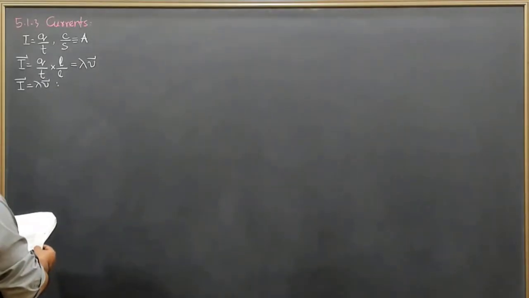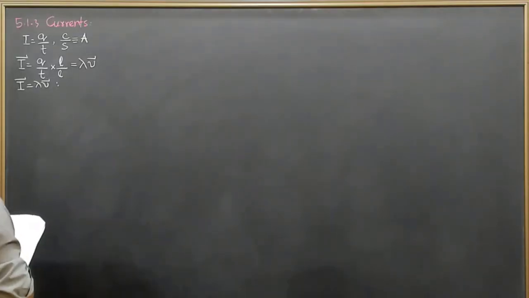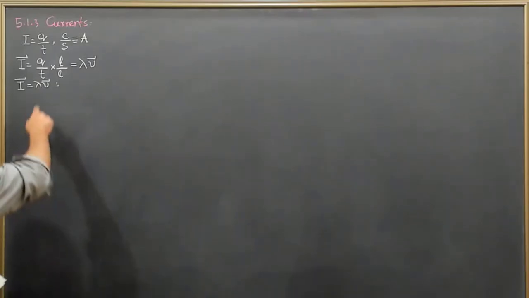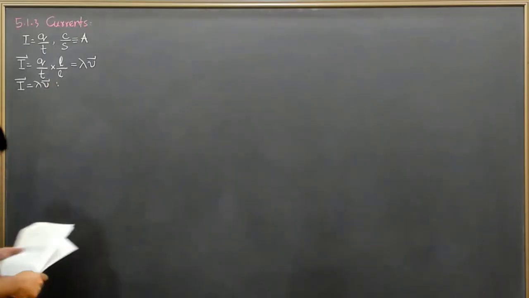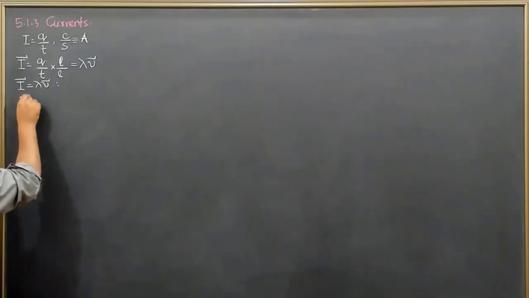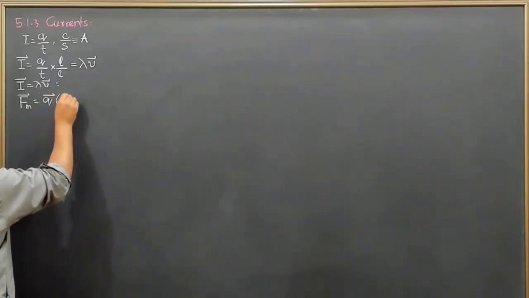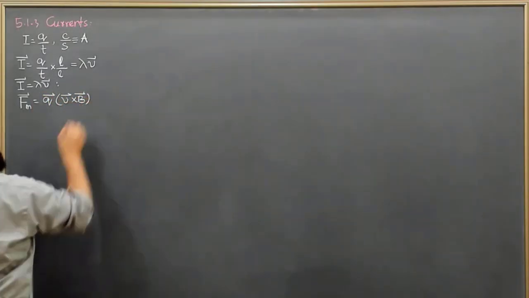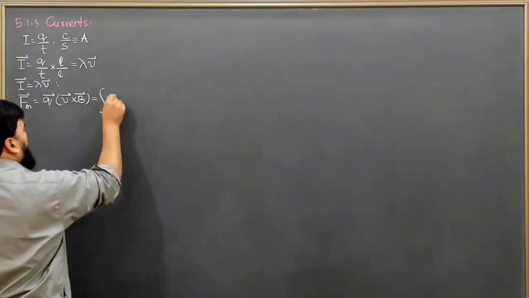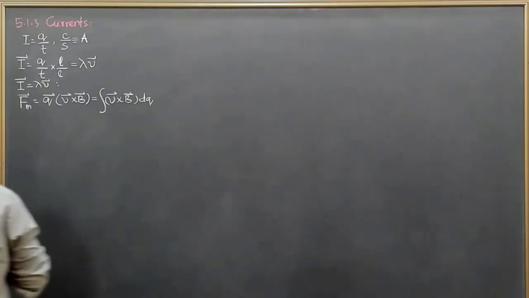So I can be lambda times V, or we can write this in terms of delta T, like V is length over delta T. As we have written, the magnetic force is Q V cross B. So I can write the integral form as the integration of V cross B dq.